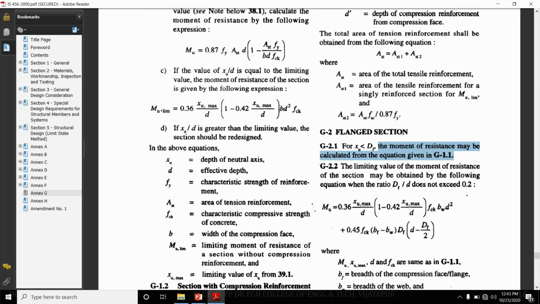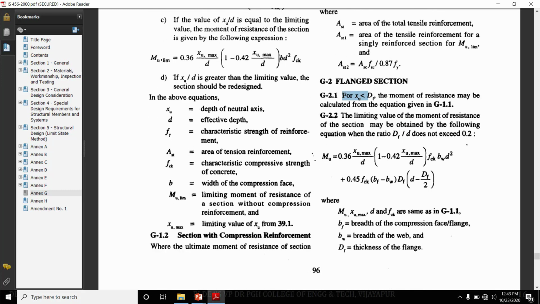Next, if the depth of the neutral axis lies within the web, again we have different cases. When df by d does not exceed 0.2, this is the equation we have. You can see the same equation here: 0.36 XU max into (1 minus 0.42 XU) BD square into FCK.